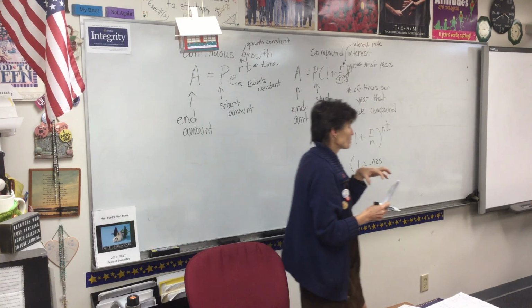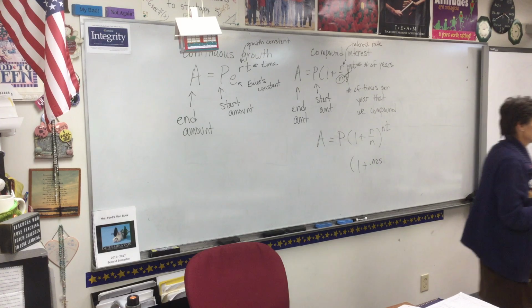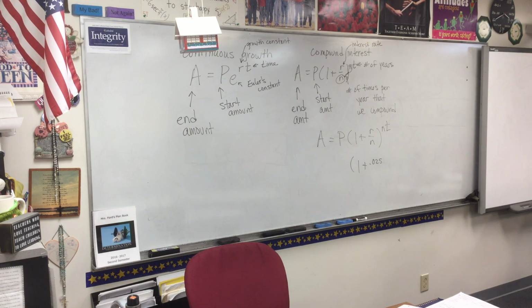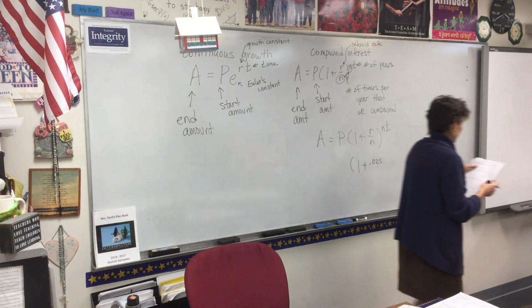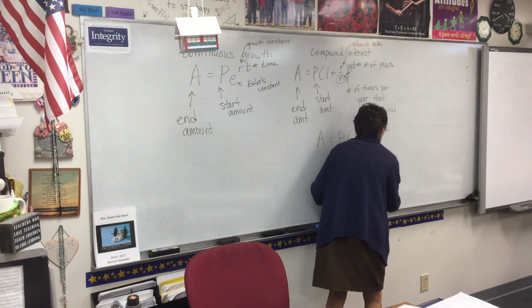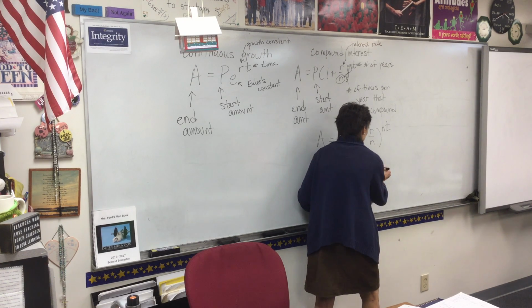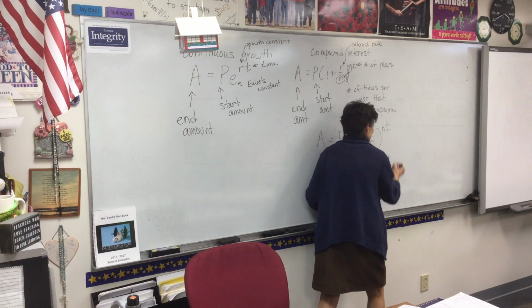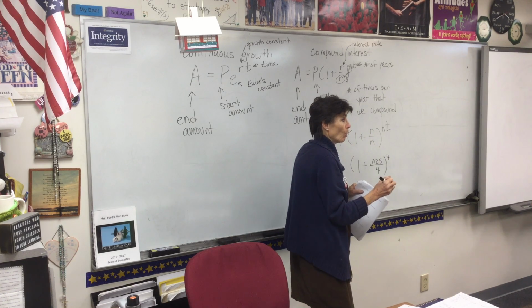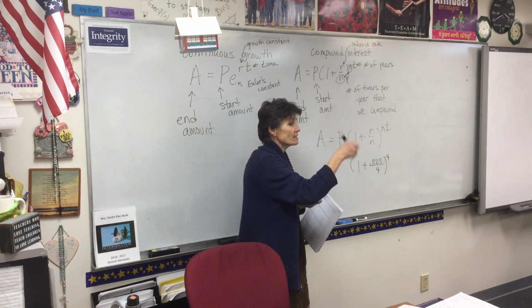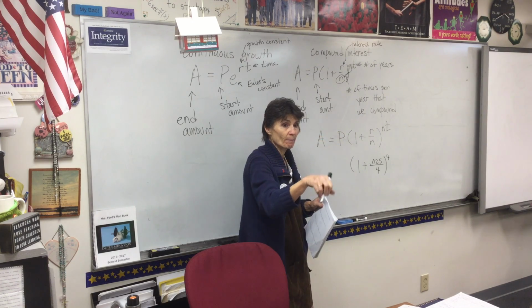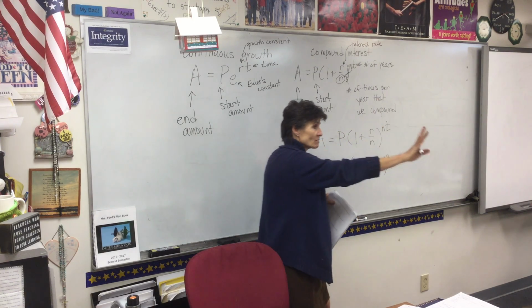And when you use a percentage in an equation, you always have to put it in its decimal form. Okay? Is the bottom part of it an N? So, what's this? 4. How do we know that's 4, people? Quarterly. N is the number of times a year you compound. Compounded quarterly means 4.